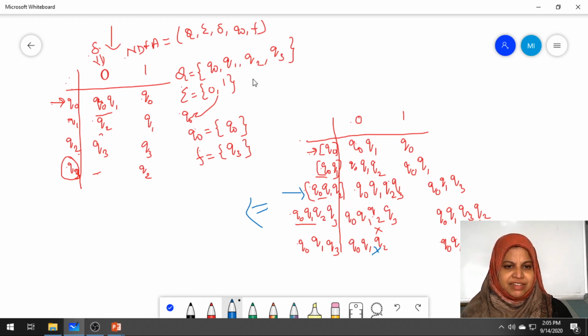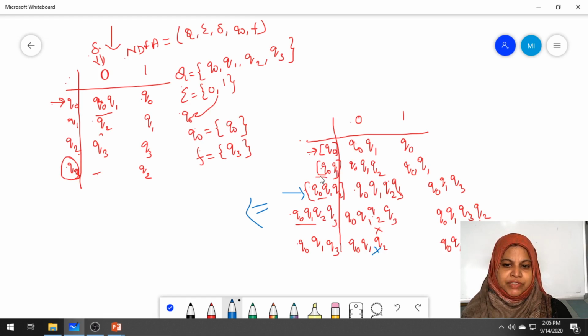Here, which one is the final state? Here q3 is the final state. Wherever q3 is there, that state becomes the final state. Why? Because in the NDFA, our final state is q3. Whenever we convert this NDFA to DFA, any state consisting of q3 becomes the final state. First check q0: is there any q3?